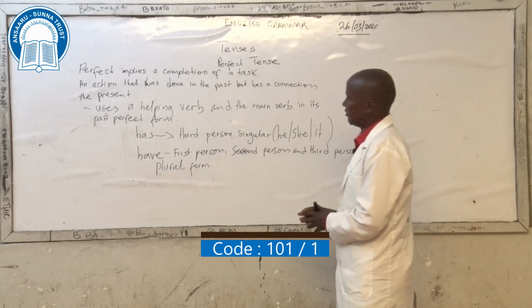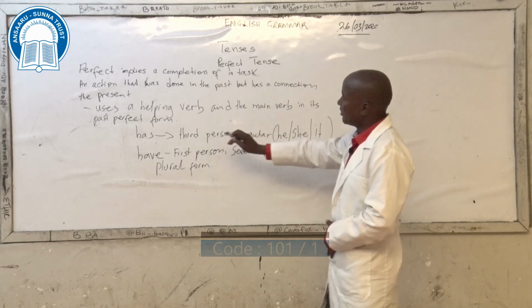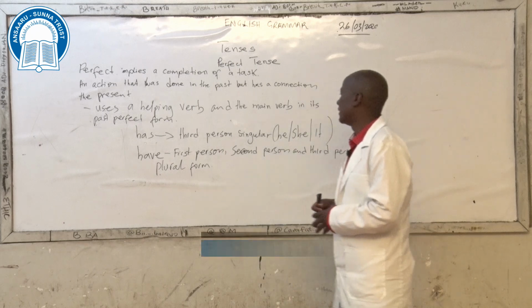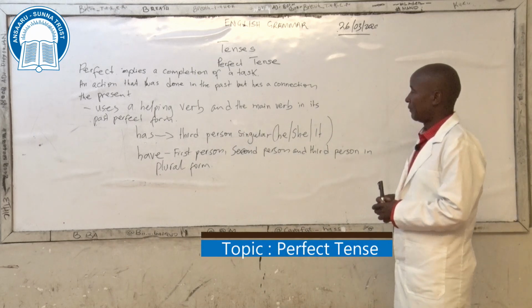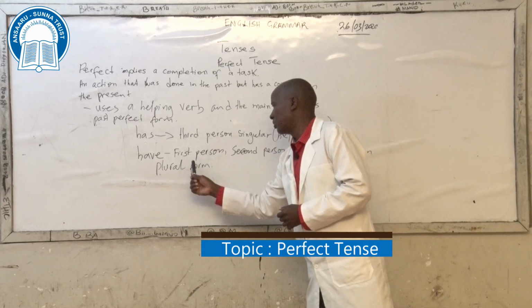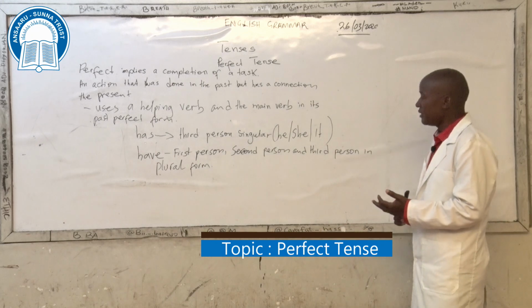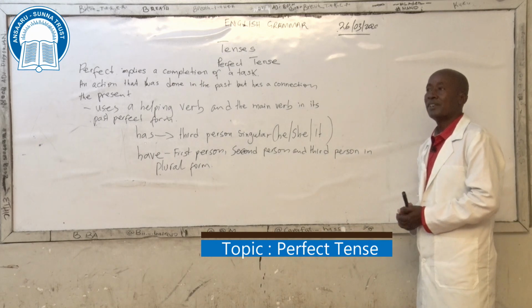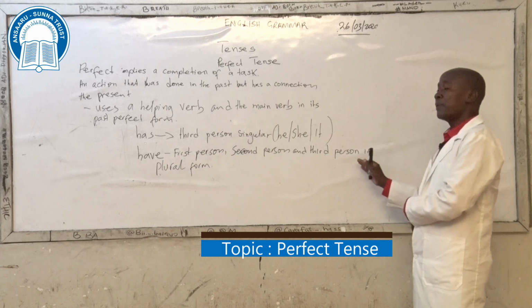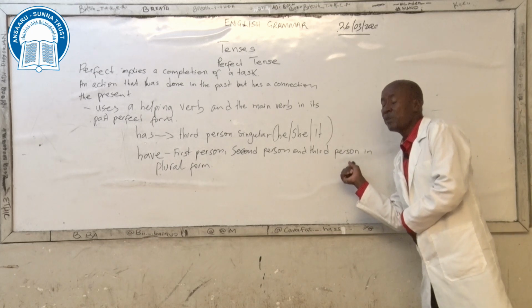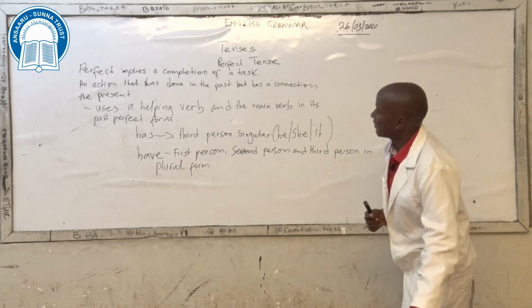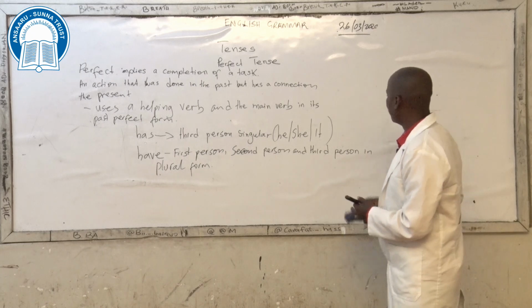Has is used with third person singular and have is used with first, second and third person in plural. Let me give you an example of what is here.